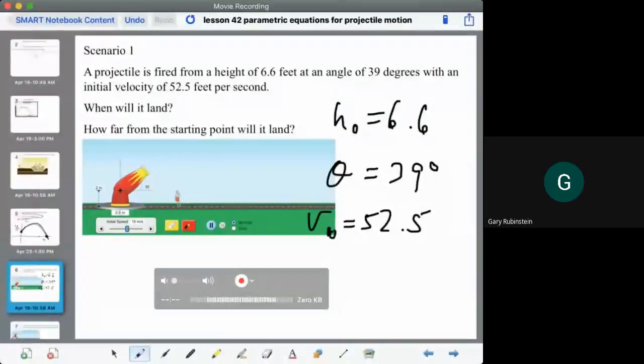So for any given angle, there is a V0 that will hit the target. If I tell you you must use this angle, there is a V0 that will hit the target. And if I give you a V0, there's going to be an angle that would hit the target, assuming that it's possible.